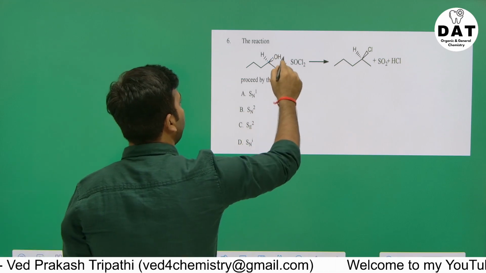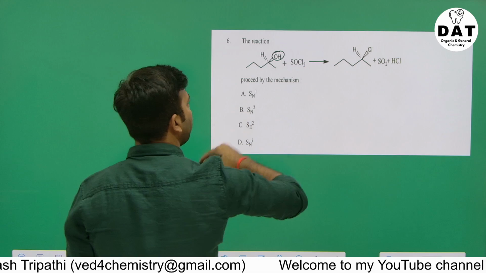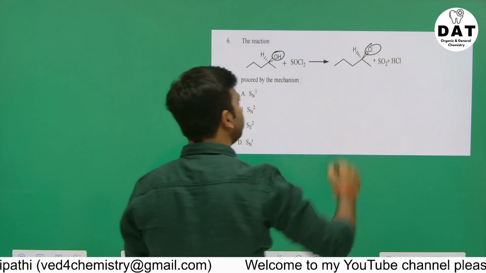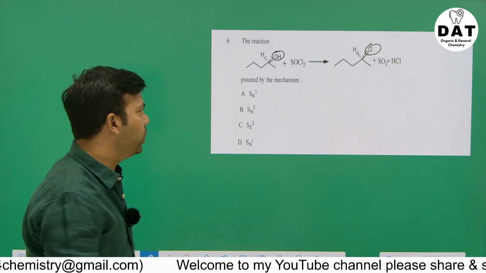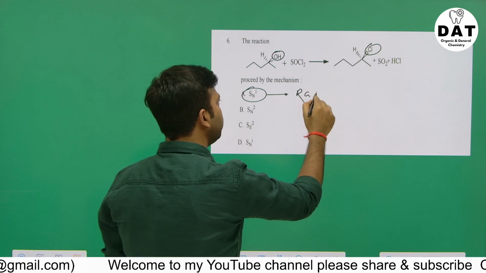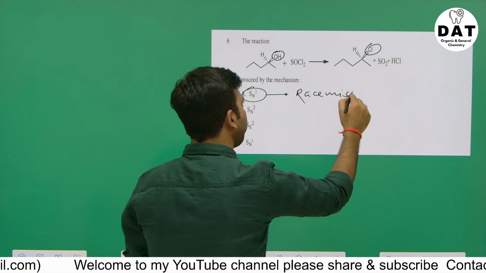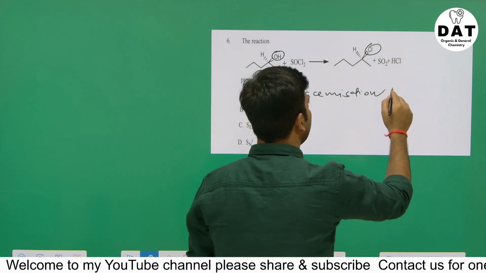Here OH on the wedge, here OH on the wedge and here Cl on the wedge, means stereochemistry is same. We all know SN1 stereochemistry is racemization, and racemization is what?